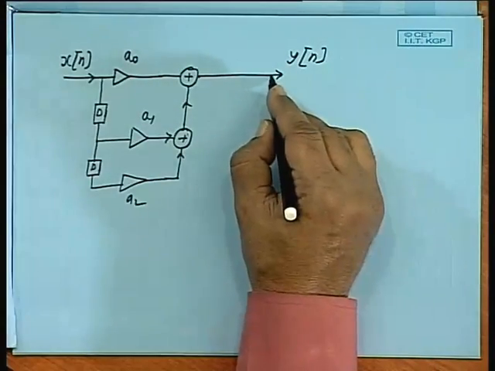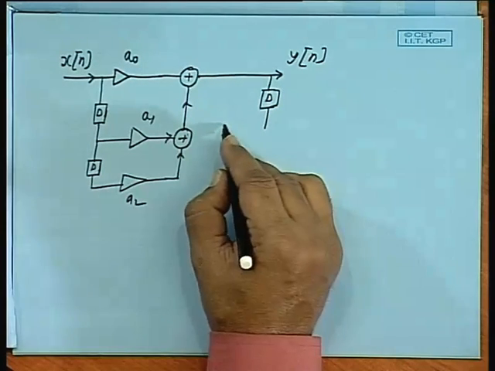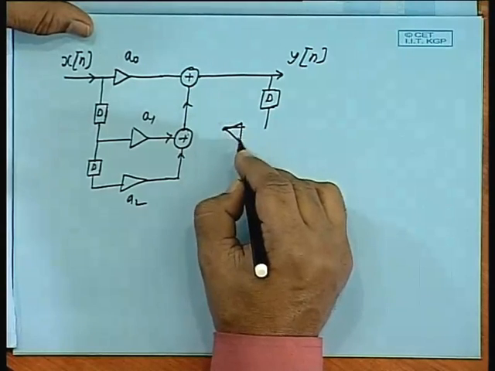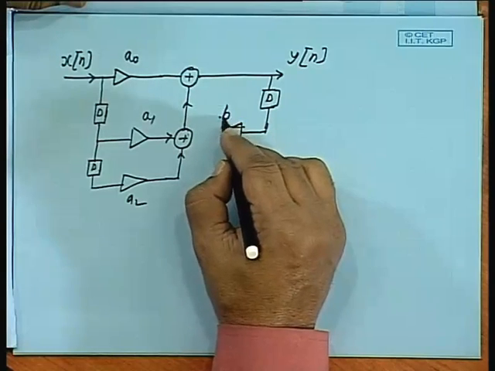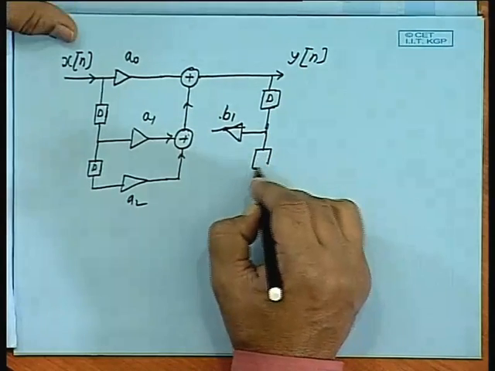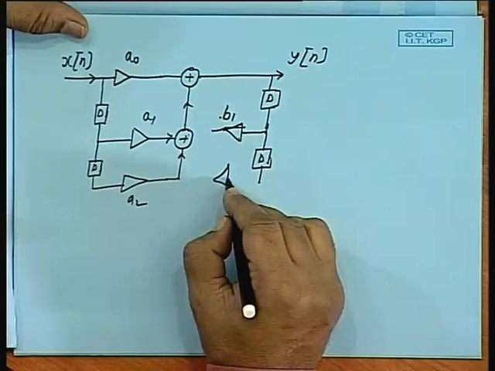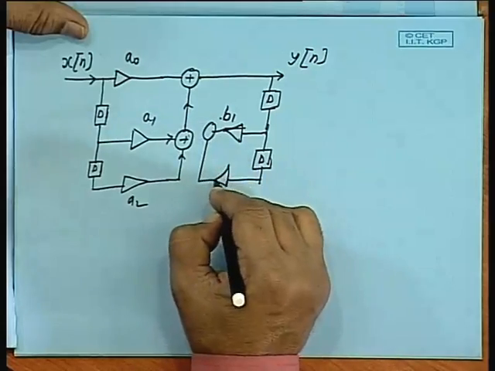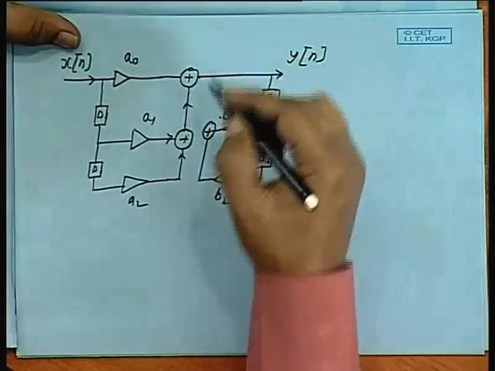So, that y n from the output side, again I can have a delay, B1, then B2, I can add them together and then they are to be negated.